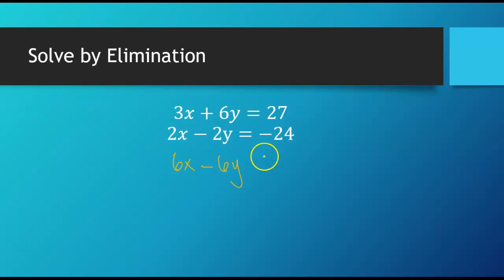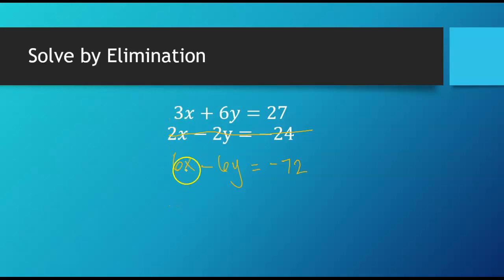And 3 times negative 24 is negative 72. Okay, so I'm crossing this one out, and now I have this new equation. I multiplied each term by 3 so that it would still be equal all the way across, but now I can take this equation and this equation and add them together, and that 6y and minus 6y will cancel one another out.